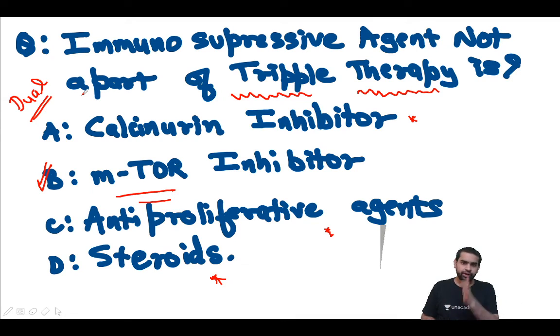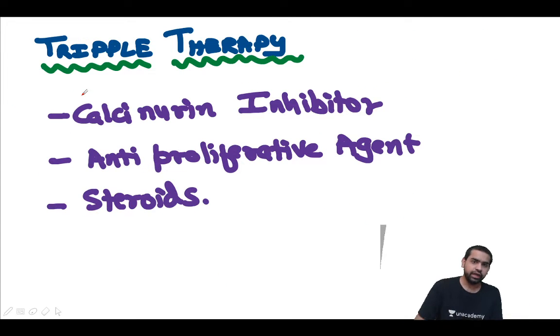But the calcineurin inhibitor is the mainstay of immunosuppression in transplant patients. I hope you get this point. So triple therapy is calcineurin inhibitor, anti-proliferative agent and steroids. Dual therapy is calcineurin inhibitor with an anti-proliferative agent, or calcineurin inhibitor with a steroid.